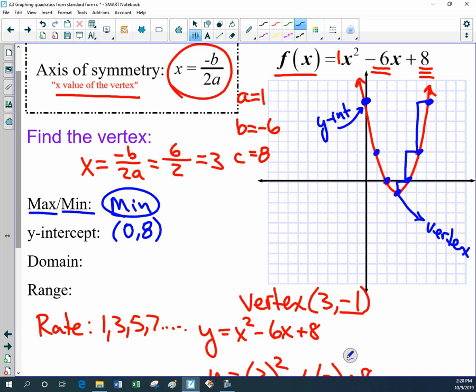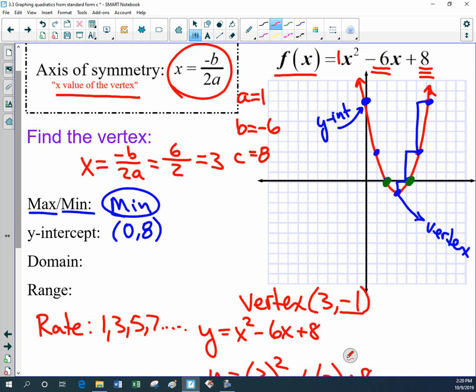It doesn't ask us for them, but if we wanted to know the x-intercepts, they would be these 2 points right here. So the x-intercepts would be at 2, 0, and made kind of a mess of this, but it'd be 2, 0 and 4, 0.